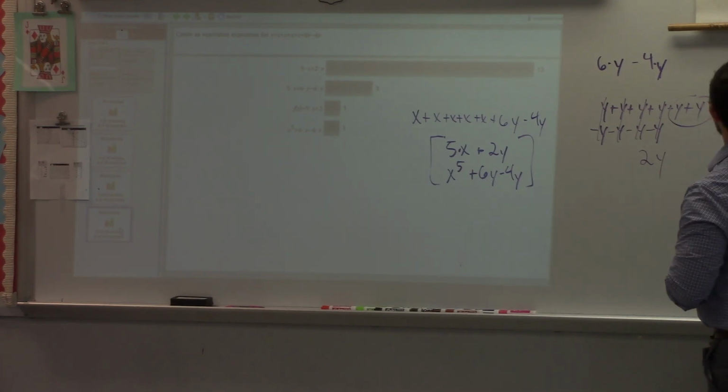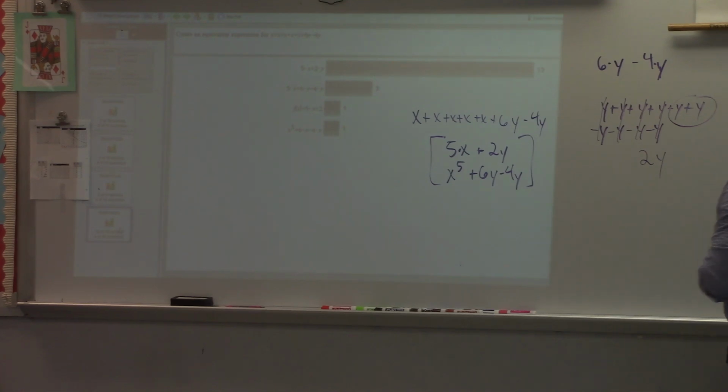It's not just the idea that they have the same variable, because the power matters as well. Can I do 6x squared plus 2x? Actually, let's make this easier. Can I do 3x squared plus 2x? Why not?